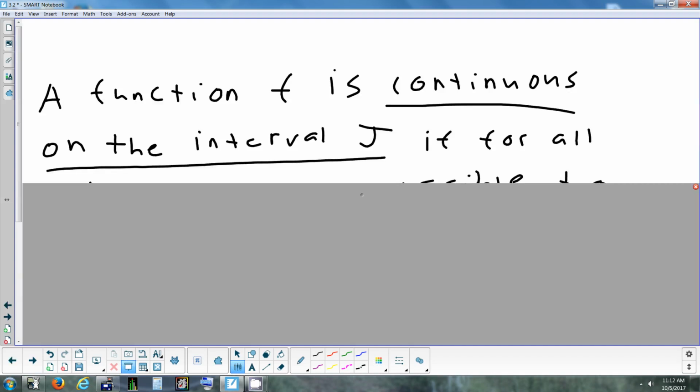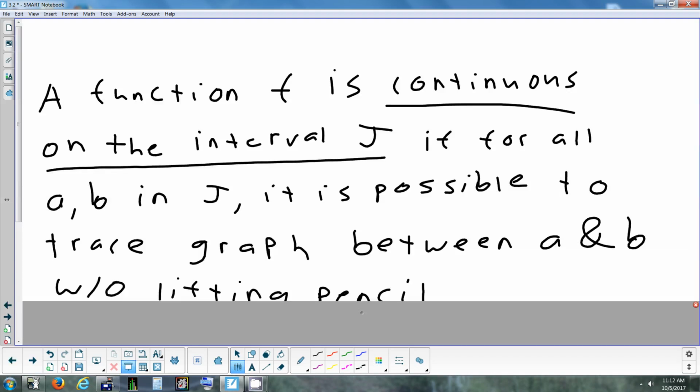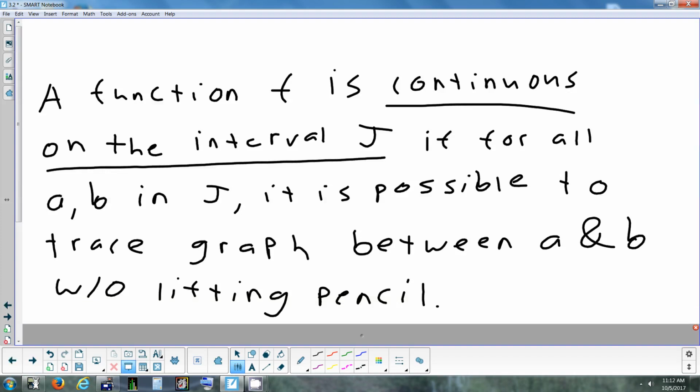The idea of a function being continuous on an interval means that it is possible to trace between the start point and the end point of your interval without lifting your pencil. That's basically what it means to be continuous.